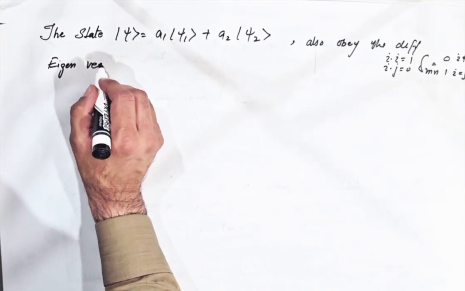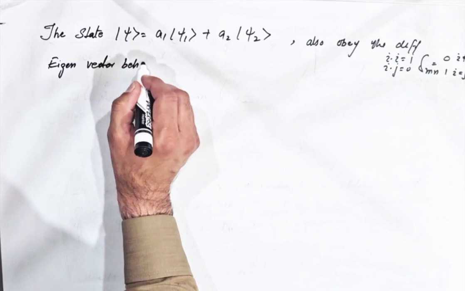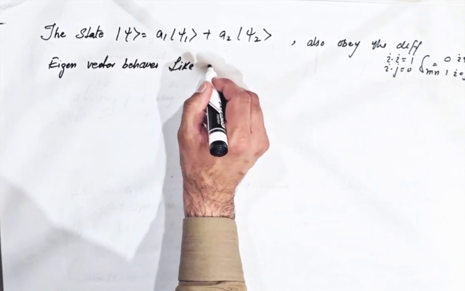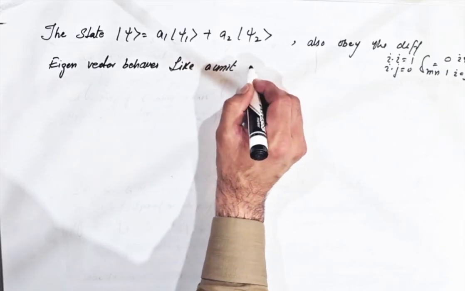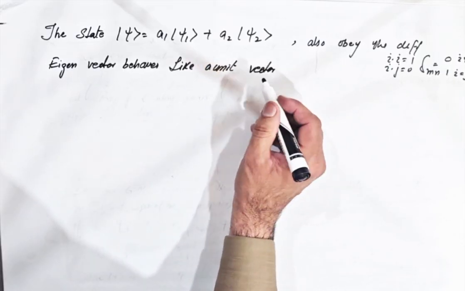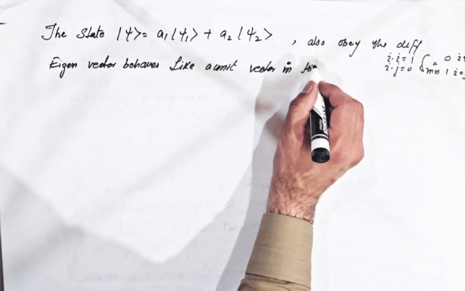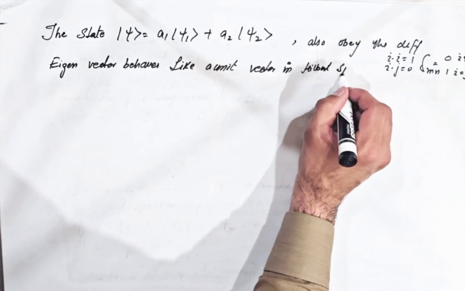Eigenvectors behave like a unit vector in Hilbert space.